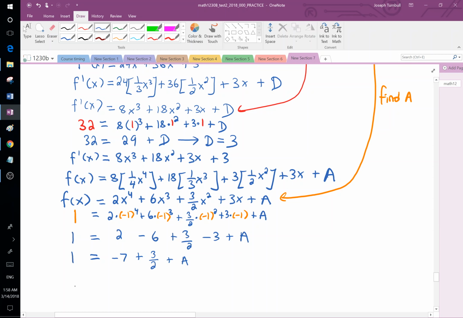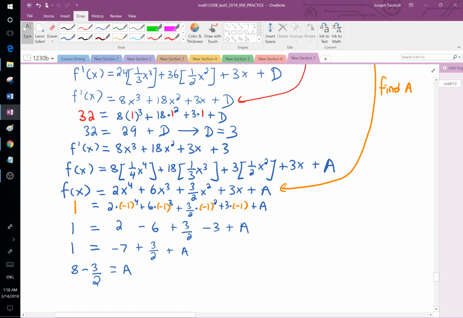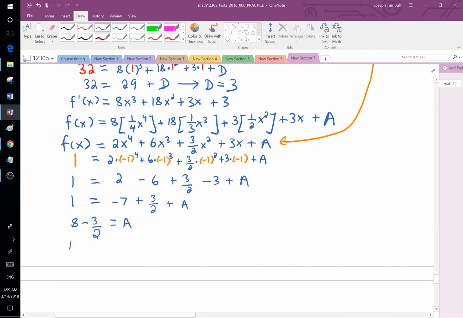Add the 7 to both sides, subtract 3 over 2 from both sides. So we'll have 8 minus 3 over 2 equals a. You can make common denominators. So 16 over 2 minus 3 over 2 is equal to a. That means a is 13 over 2.